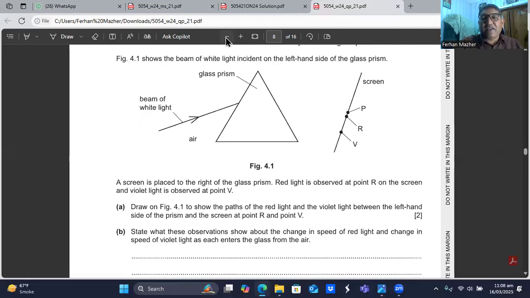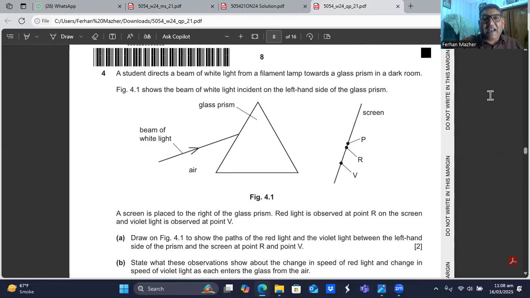One thing is very important. When the light enters here, the light will bend towards the normal because the prism is a denser medium. And when the light exits, the light will bend away from the normal.